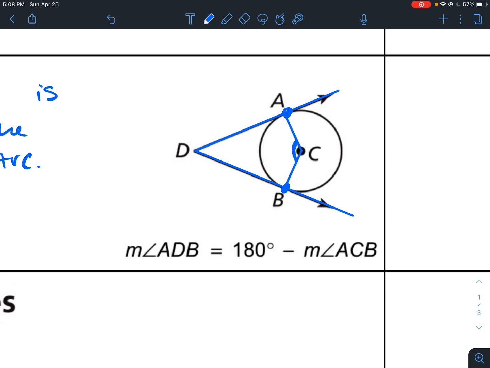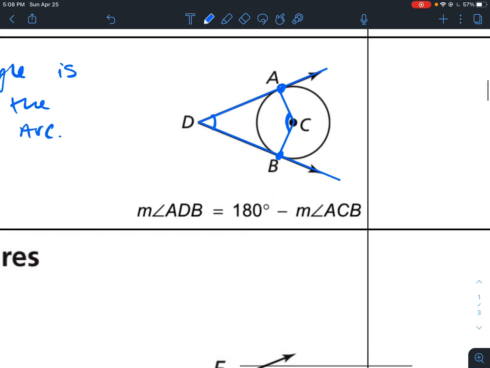Now the central angle and this angle, basically these are supplementary, right? So if I use this formula, the measure of angle ADB, which is this angle right here, and the measure of angle ACB, which is the central angle. This angle is equal to 180 subtract this angle right here.